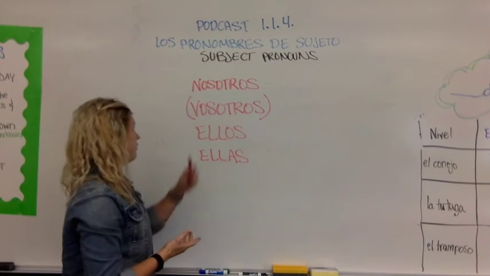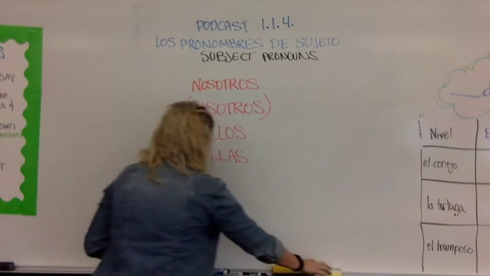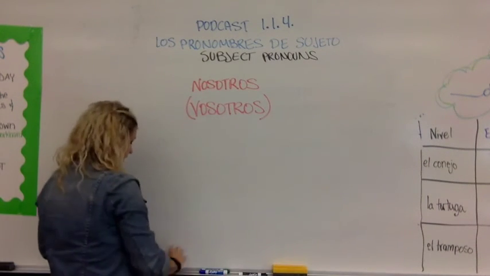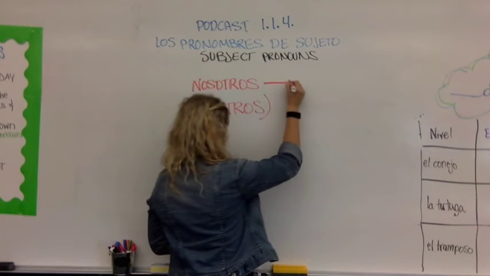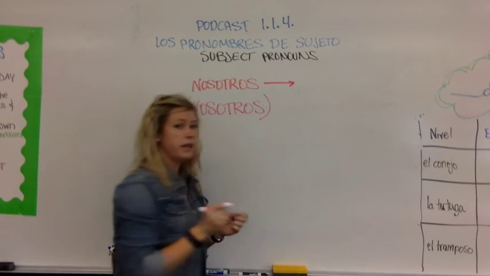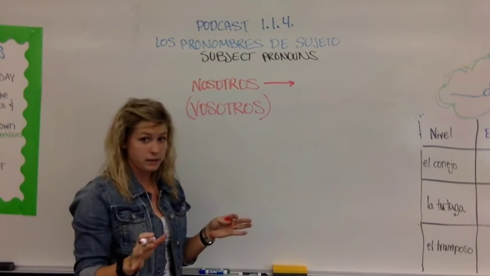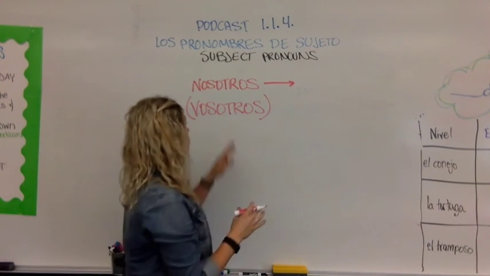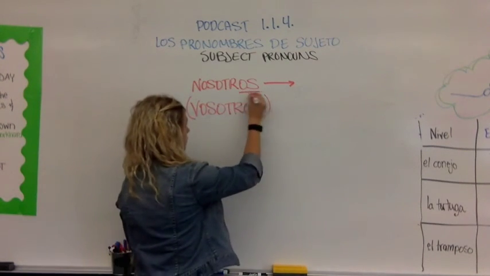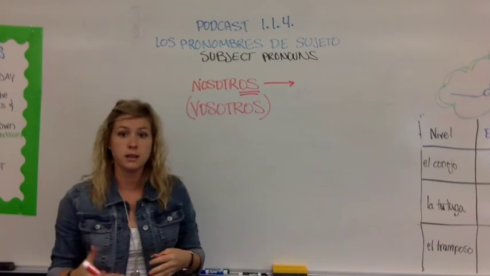All right, we have nosotros and vosotros that each have a different way of being written. So nosotros, if there is a group of all guys or mixed gender of guys and girls, you will use the nosotros form. Always defaults to masculine form.